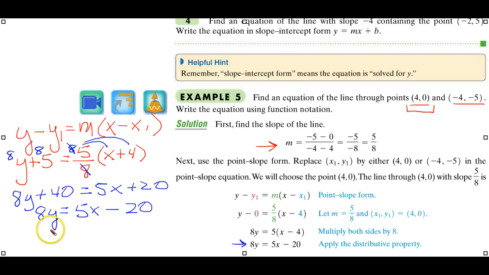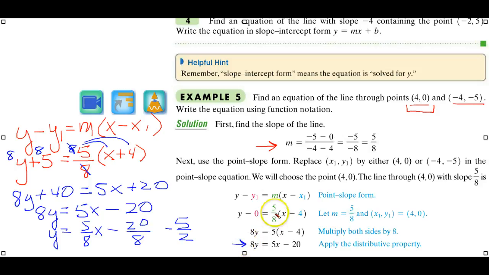Now we divide both sides by 8, and we get y equals 5/8 x minus 20/8. Now this can be simplified by taking a 4 out of each one, and this part will become a negative 5/2.